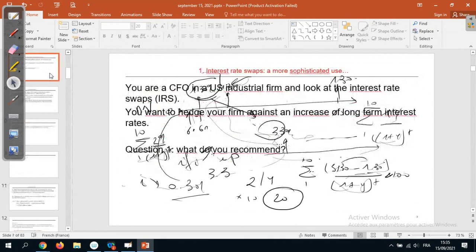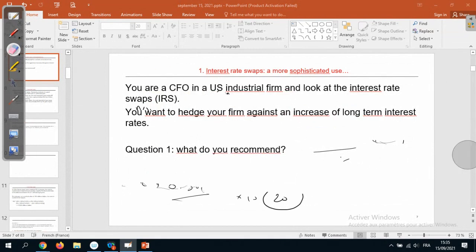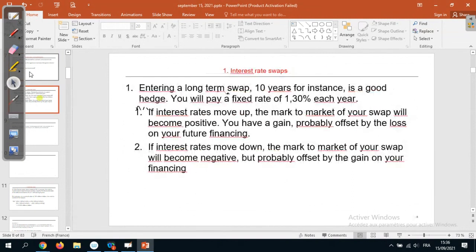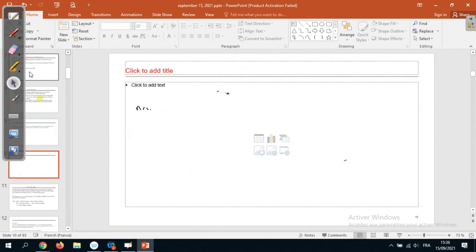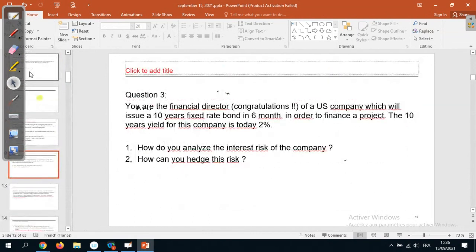Do you remember this example? You are issuing a bond in 6 months over a 10 years horizon, and you make a swap starting in 6 months with 10 years maturity.